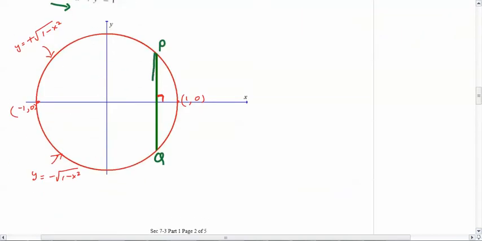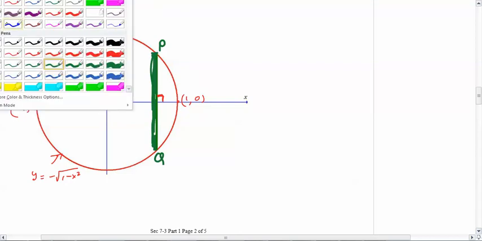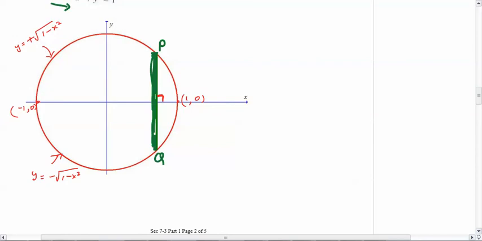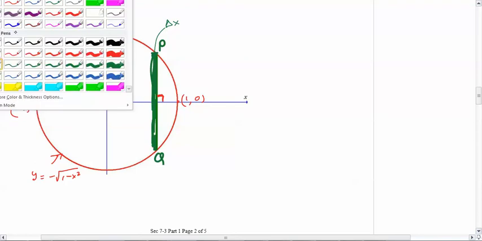If I make that a little thicker, that's delta x thick.